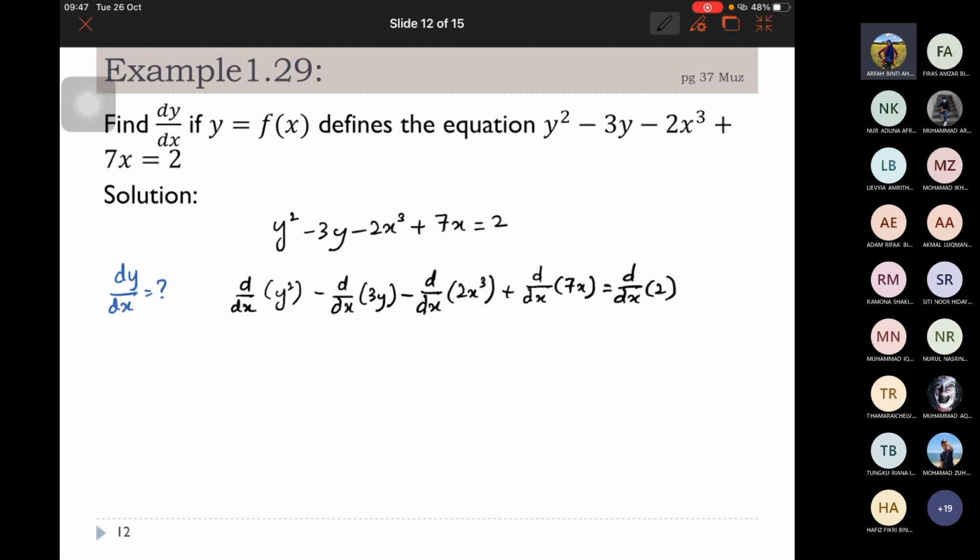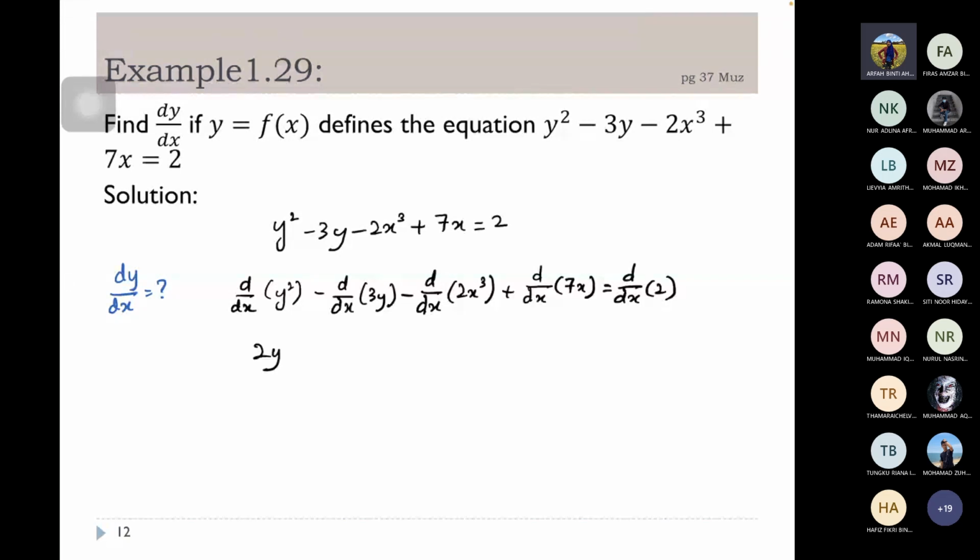So kalau bezakan setiap term tu terhadap x, dia akan dapat 2y, bezakan 2y dan y ni adalah function of x. So you have to write dy dx. Okay. Tolak dengan 3 dy dx. So bezakan x terhadap x ni dapat 6x kuasa 2 tambah dengan 7 sama dengan 0.